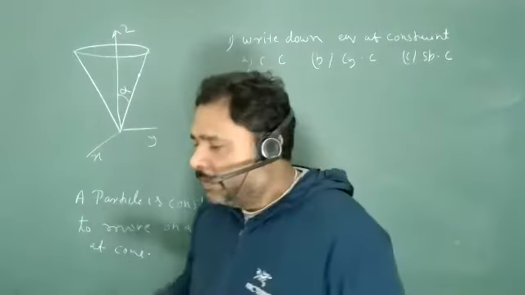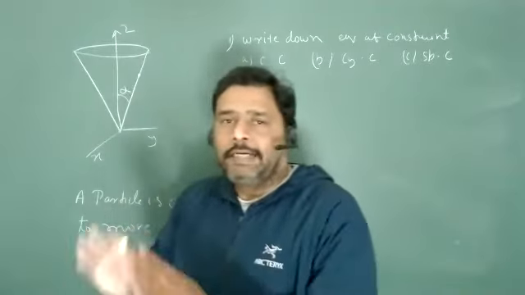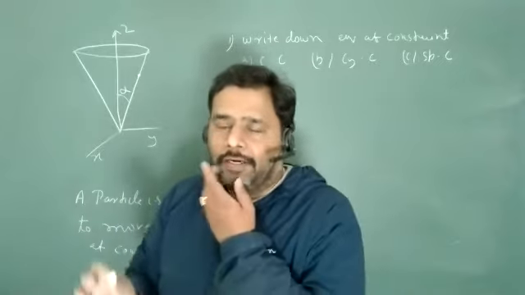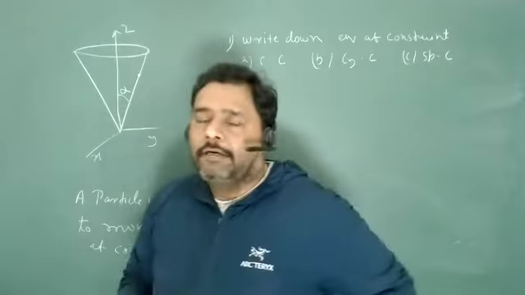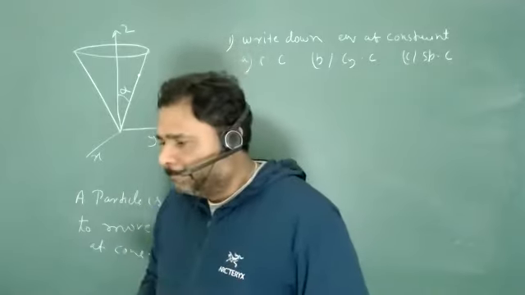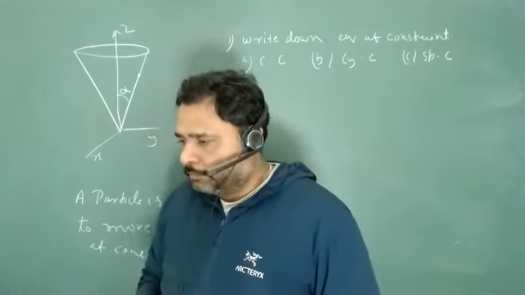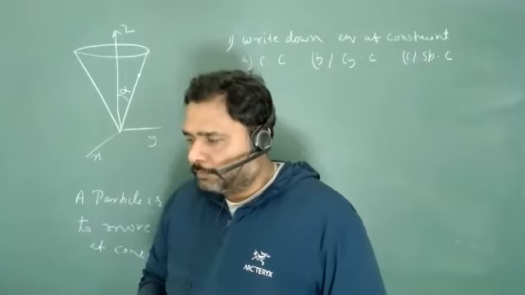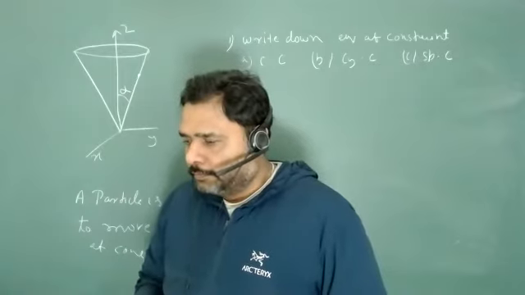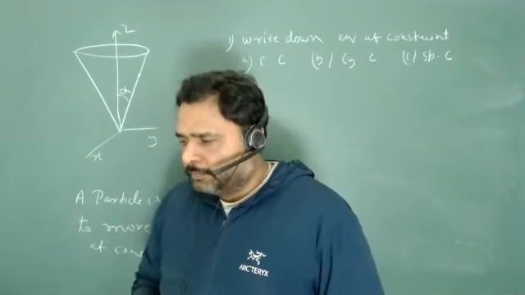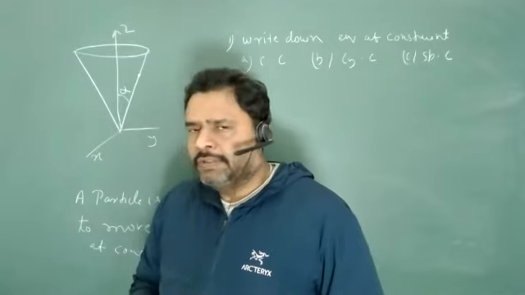Saina, if she is saying that the particle is moving on an inner surface of cone with half angle alpha, what is the mathematical meaning of that? How can we think about it mathematically? Just try.